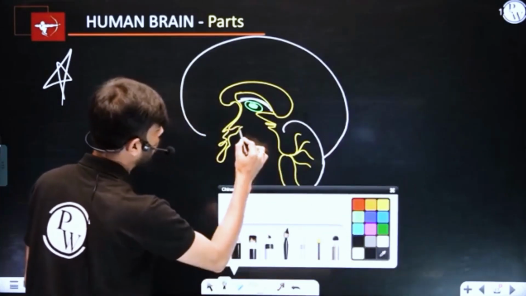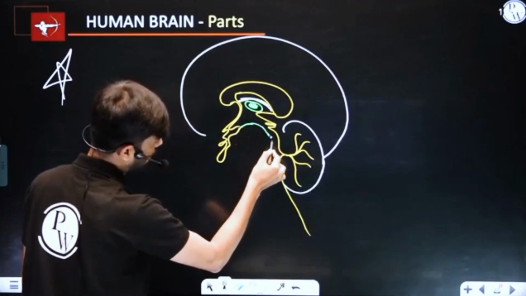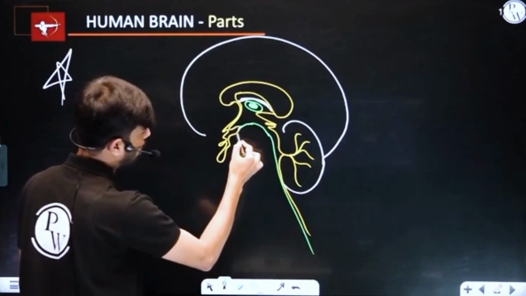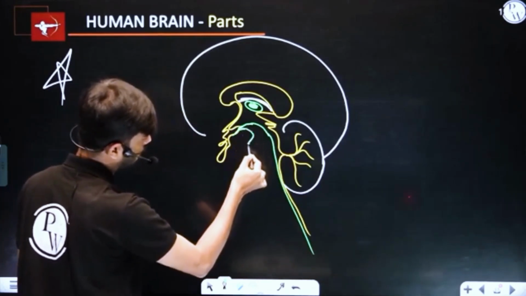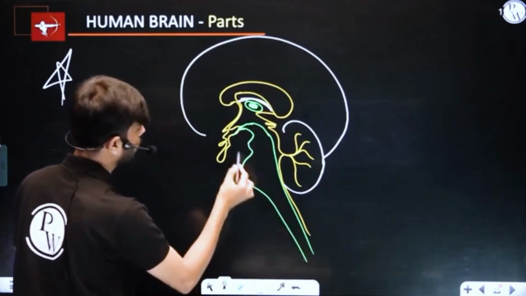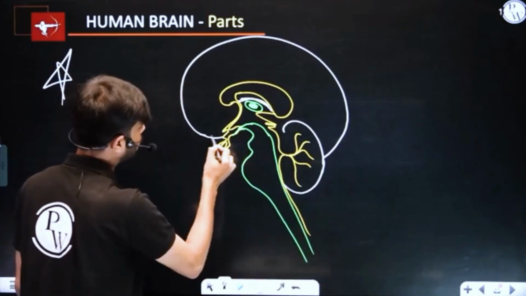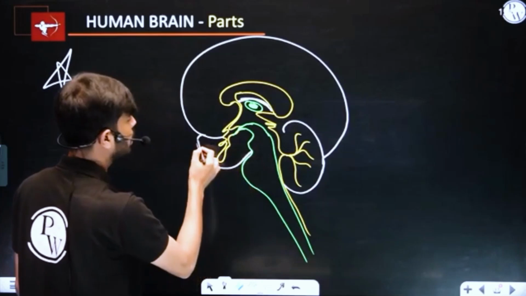Okay, now you can write like this. This line indicates the medulla oblongata and the bulged portion is here. Then completing the outermost layer of the brain by writing like this.